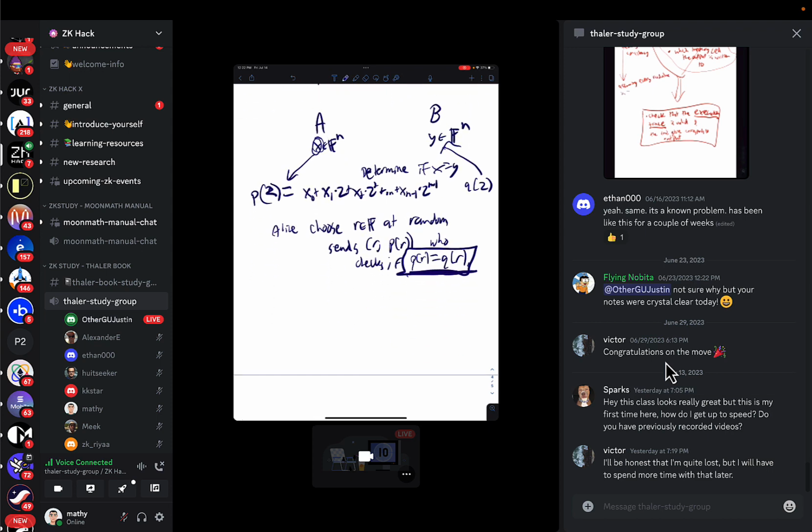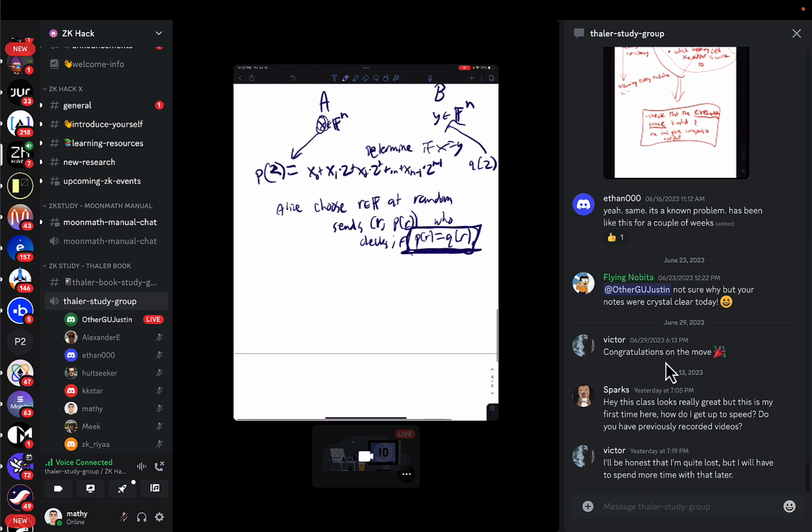Obviously if X and Y are equal, then P and Q are the same polynomial, and the check will pass. But if X and Y are not equal, P and Q are not the same polynomial. Since any two degree n minus 1 polynomials can agree on at most n minus 1 points, if they're not the same, the check will reject with overwhelming probability as long as the field is big enough.